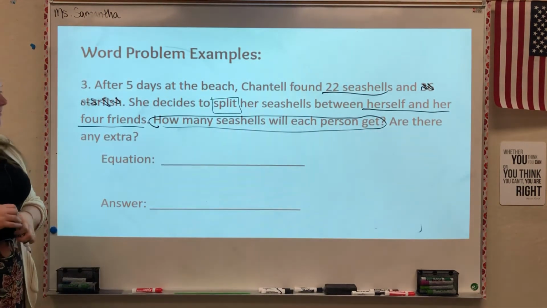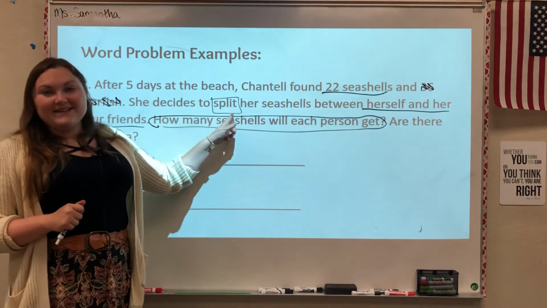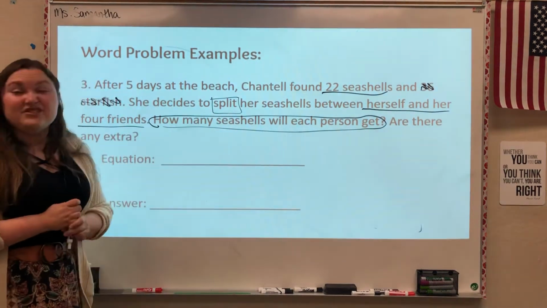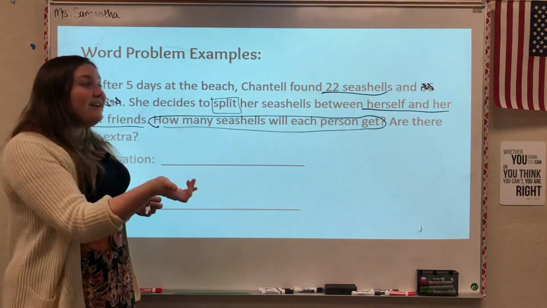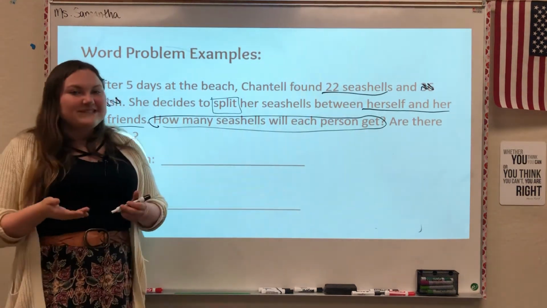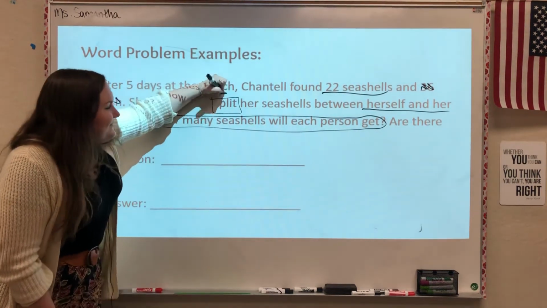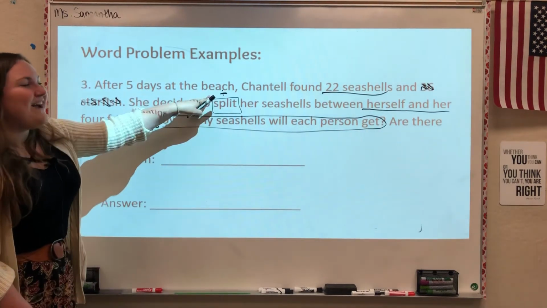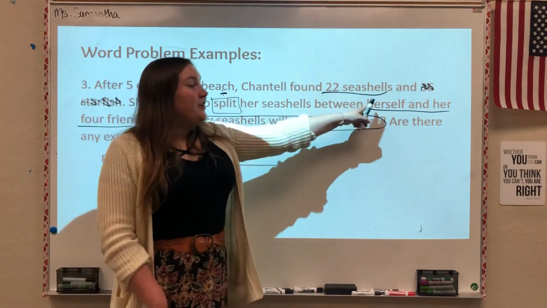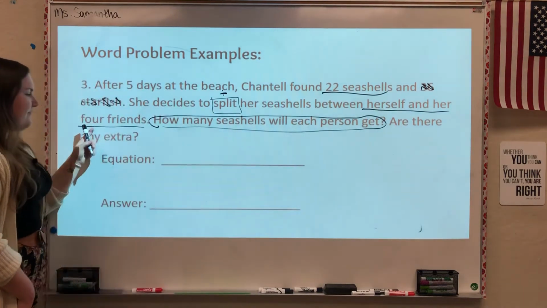Now I underlined a couple more things there. I put split in a box because split, that's just another way to say she's sharing her seashells. She's splitting up her seashells. She's dividing her seashells between herself and her 4 friends.